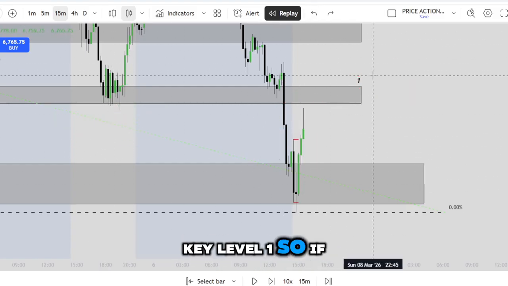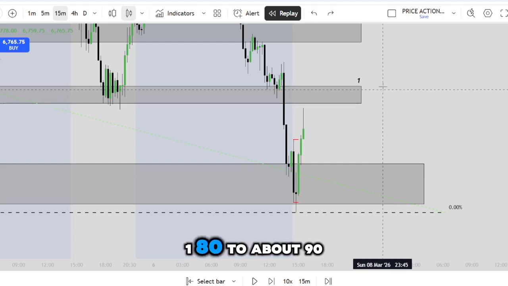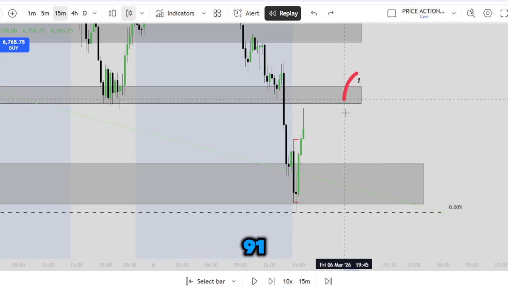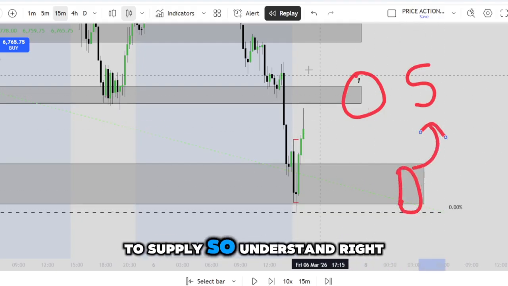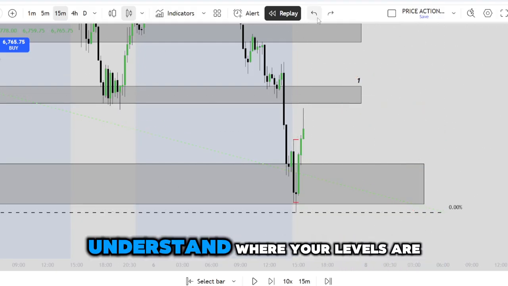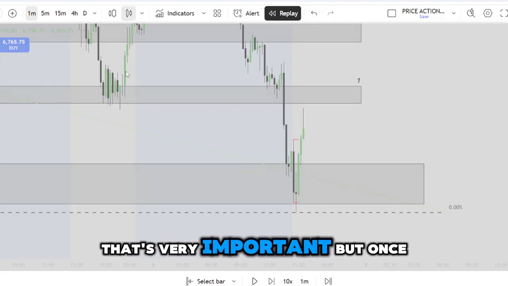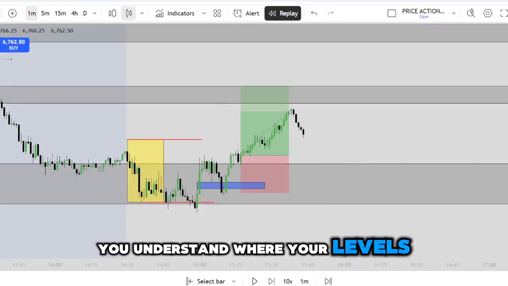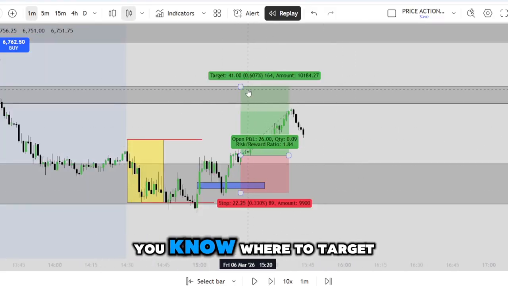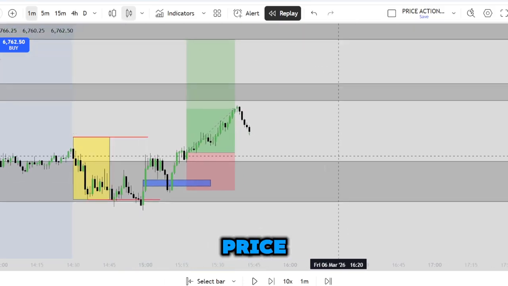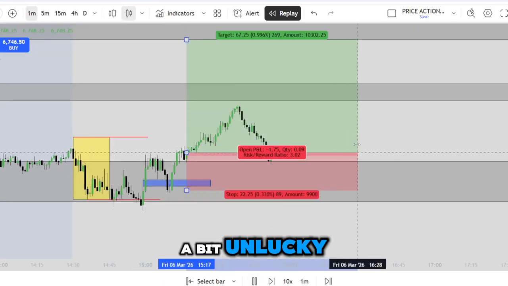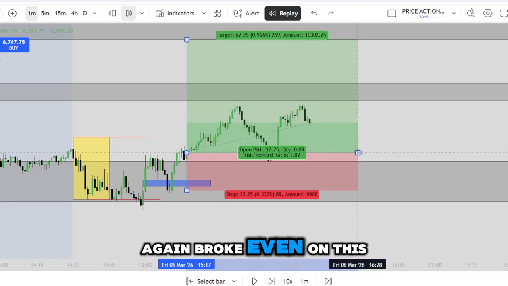Key level 1, if you're trading ES, is 80 to about 90, 91. This was a huge area of supply. So we went from demand to supply. Once you understand where your levels are, you know where to target. So I should have targeted here. I decided to hold it up to the weekly opening price, which was just a bit unlucky. We never got there. So again, I broke even on this trade.